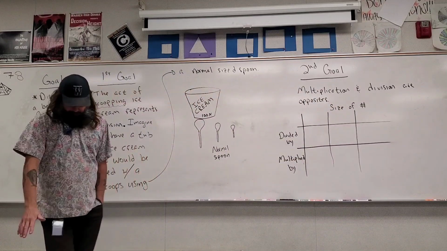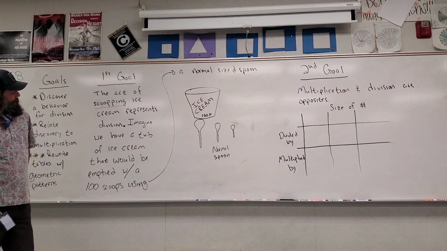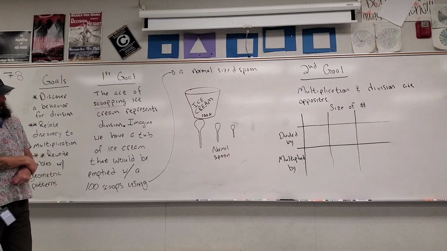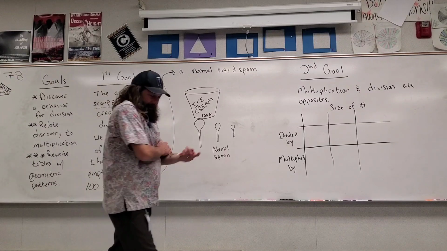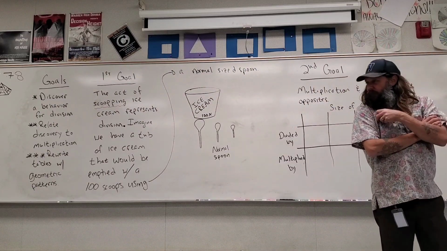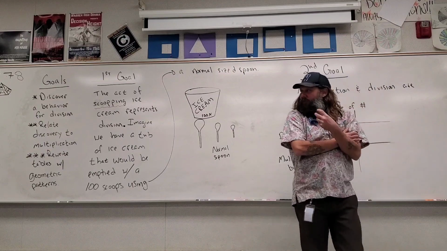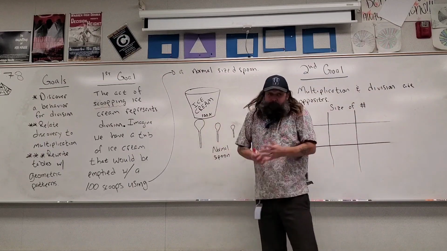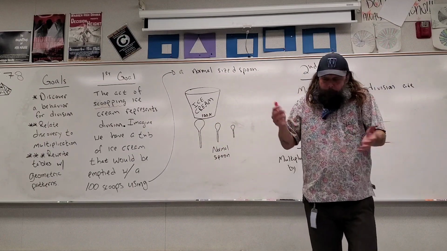Think about it for a second. I'm sure some of you are thinking, okay, it's going to be half because it's twice as big. That's probably a pretty good assumption.